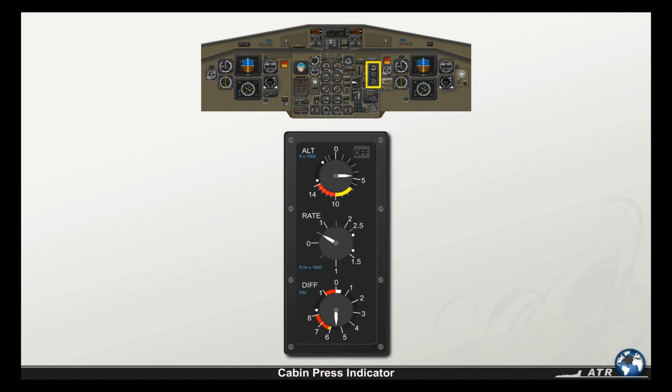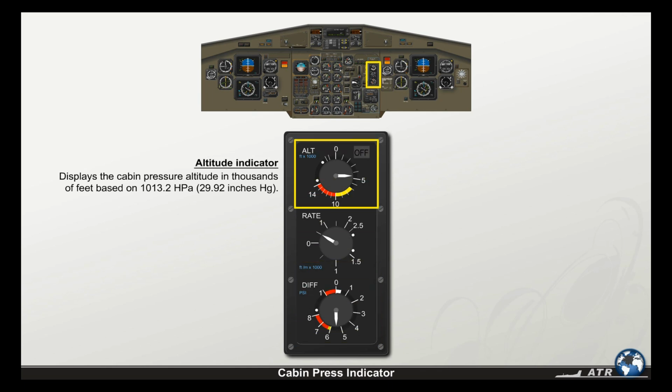A cabin pressure indicator is installed to monitor the cabin altitude, the cabin rate of climb or descent, and the cabin differential pressure. The altitude indicator displays the cabin pressure altitude in thousands of feet based on 1013.2 hectopascal, 29.92 inches mercury.